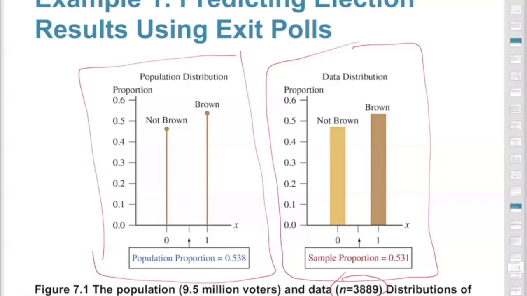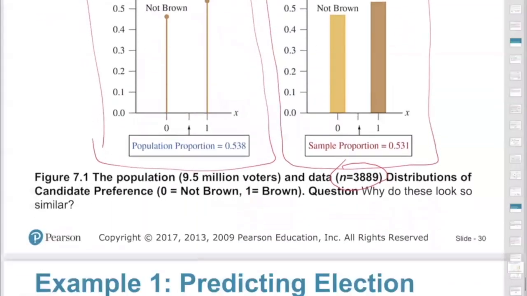So you have very close shapes for these two distributions. But as I said, usually we don't know the final results after they finish counting the voters.